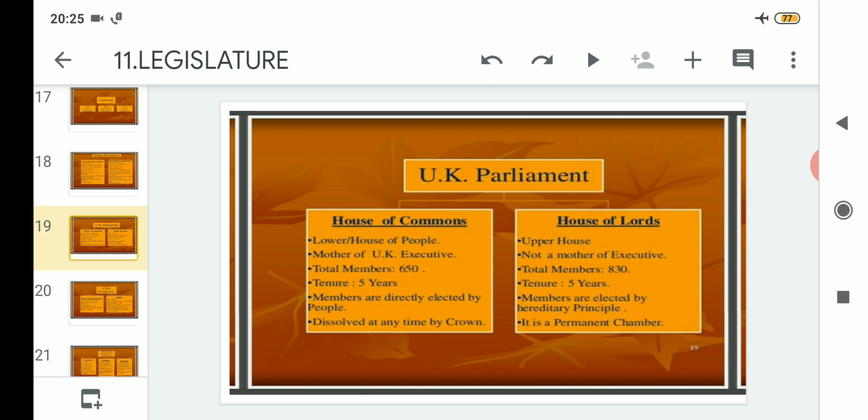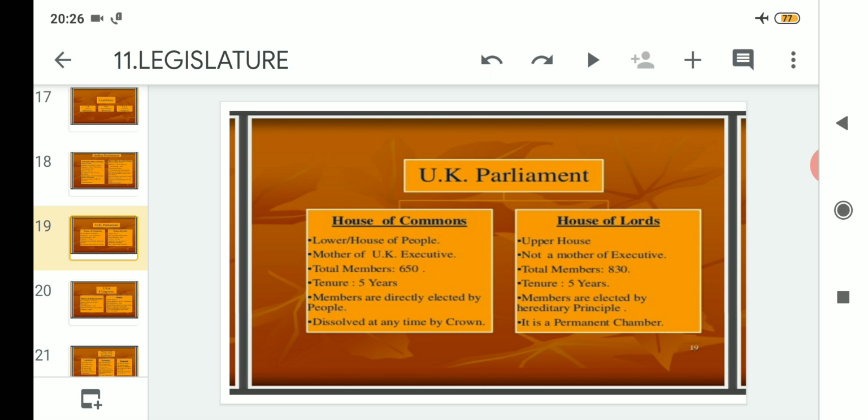So members are elected by the hereditary principle. As the members are elected in an indirect way, the members of the upper house, the House of Lords, are elected by the hereditary principle, all involved in the legislature, and it is a permanent chamber. Same as in India, it is also a permanent chamber or a permanent house.